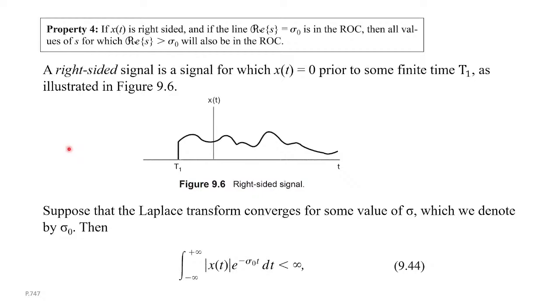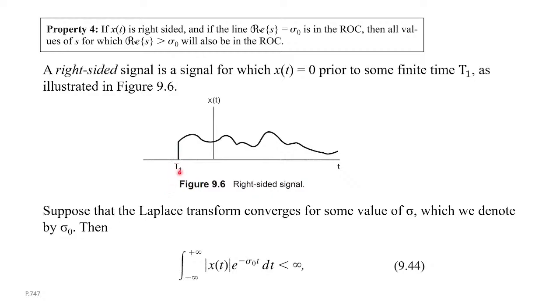Let's see how many properties. You can probably do a lot. Now if your function is only half nice, so it's right-sided, which means you only have the boundary on one side.